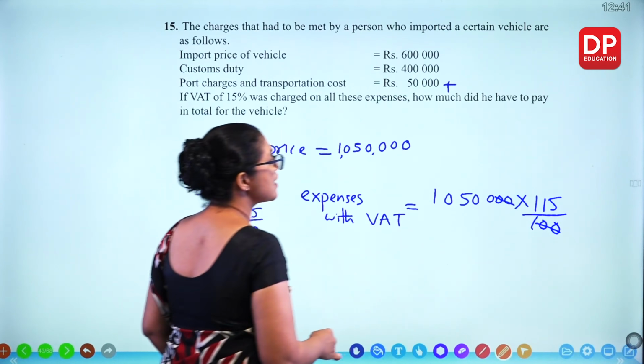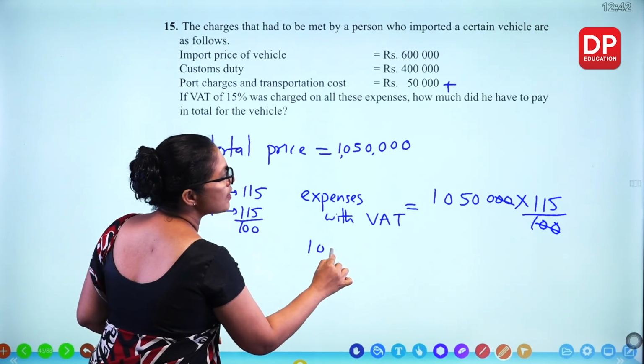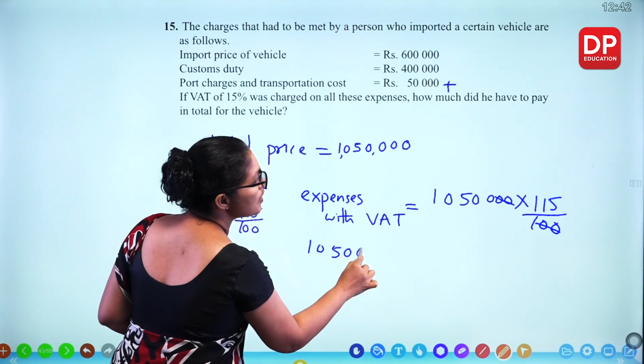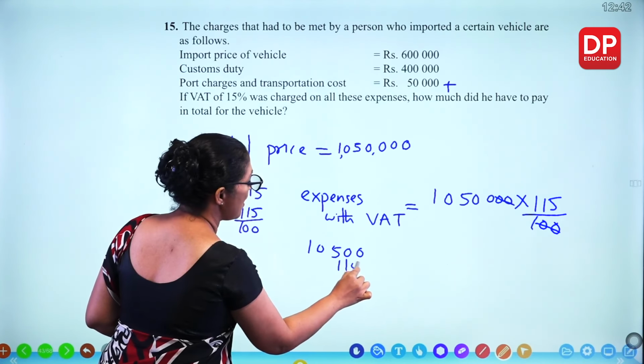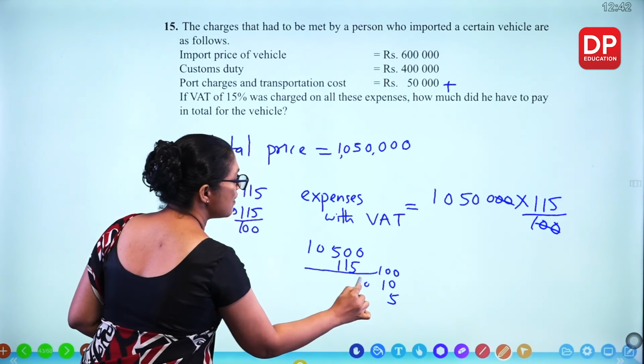Two zeros get cancelled out and you have to multiply 10500 multiplied by 115. 115 is 100 plus 10 plus 5.